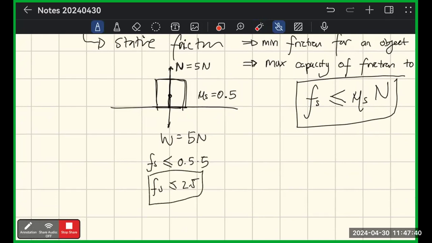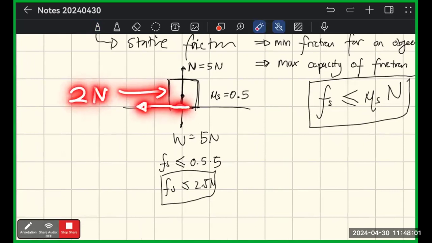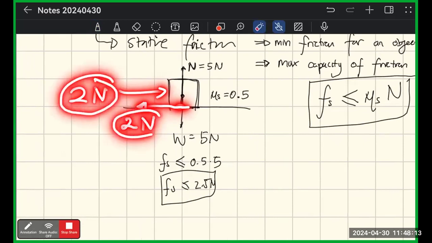Because Fs is at most 2.5 Newton, if we have an external force of 2 Newton, this object will experience a static friction force of also 2 Newton to balance out the external force.